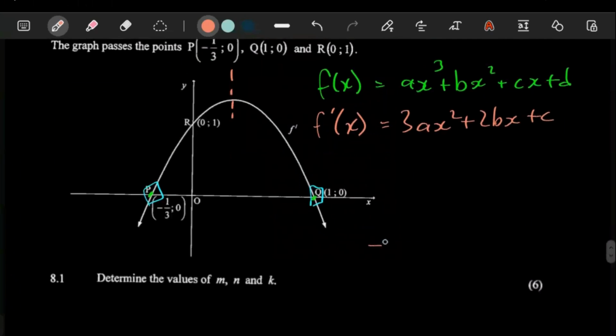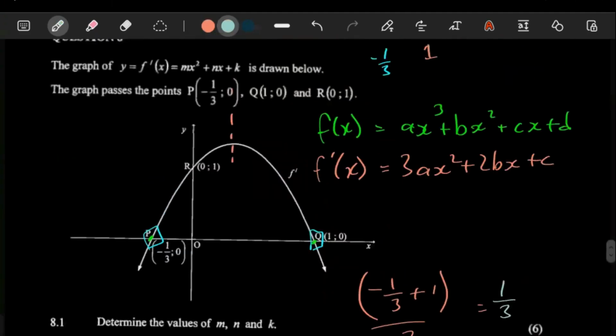Let's see what this is. We want to check which x value is in the middle over there. So here we have negative a third plus 1, divided by 2. That's giving us 1/3.